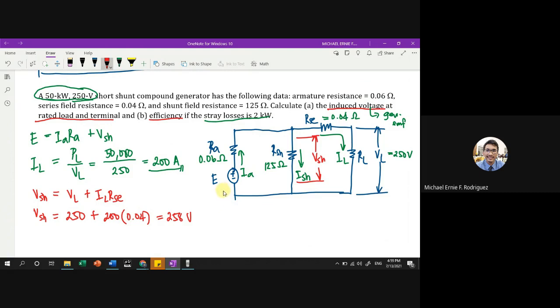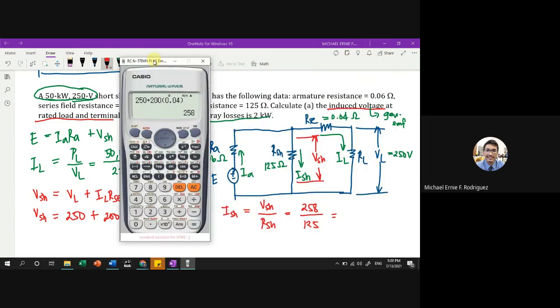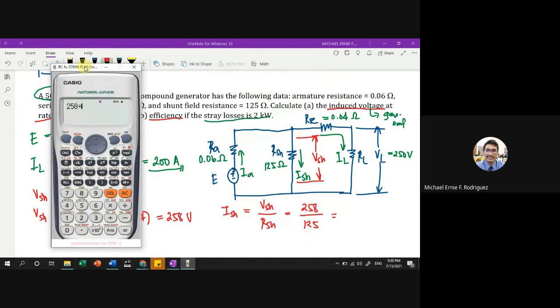And then solve natin kasunod. ISH tayo. Okay, ito ISH. Ang ISH, meron kang VSH, at saka RSH. So ISH is equal to VSH over RSH. So simple lang, Ohm's law. So, VSH is 258 volts over yung RSH, 125 ohms. So, 258 over 125. Ito yung sagot.